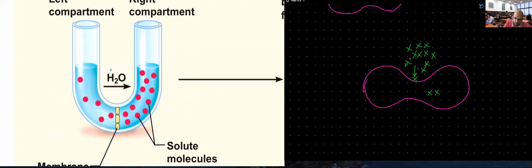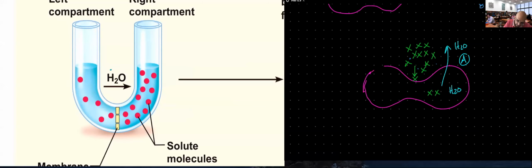Where is the water going to be traveling? Will it be moving out or in? A or B? What do you think? It's moving out.